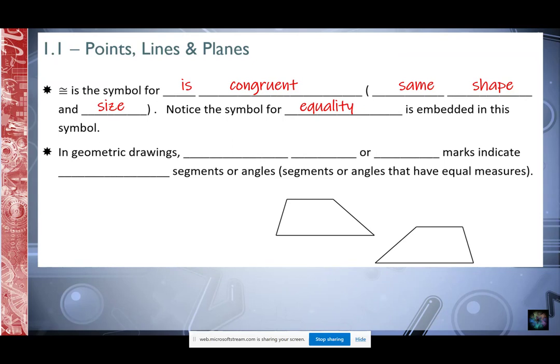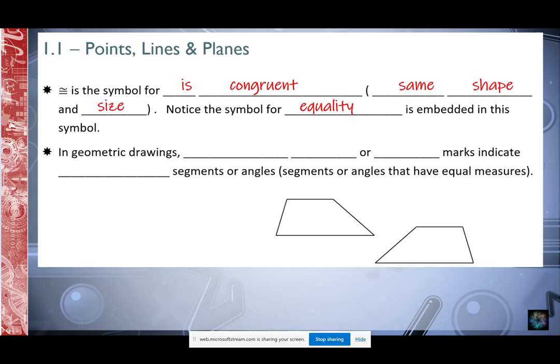The squiggly at the top actually is the symbol for similar, which is more the same shape. So the equality is the same size. The little similarity squiggle at the top is the same shape. And we combine both of those for congruency.